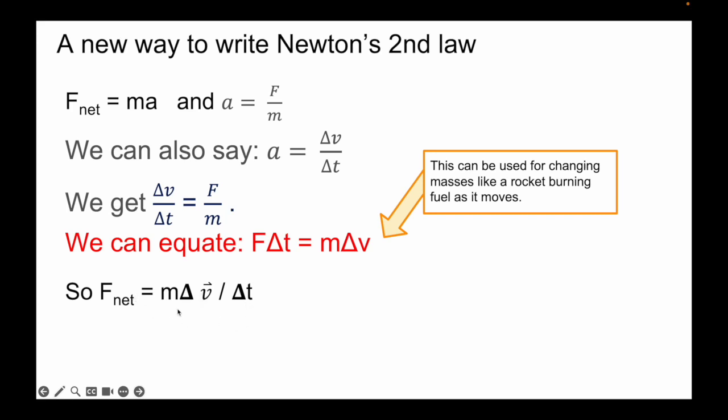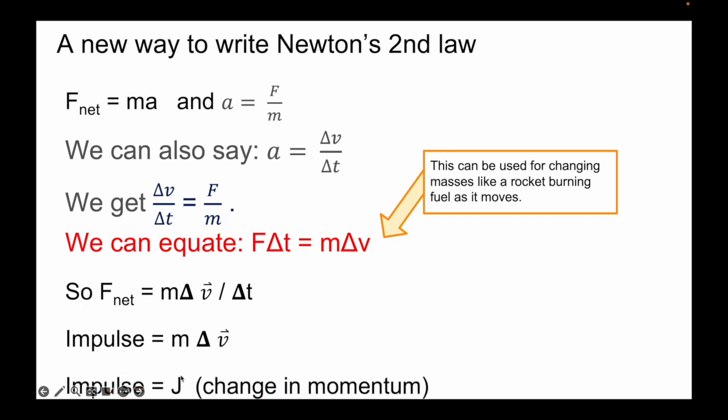So F net is going to be m times, of course this is a, our delta v over delta t is a, so this is just F equals ma. And remember, the impulse is our mass times the change in velocity. We can also say it's the force times change in time. And remember that the letter we're going to use is J. That's going to be change in momentum.